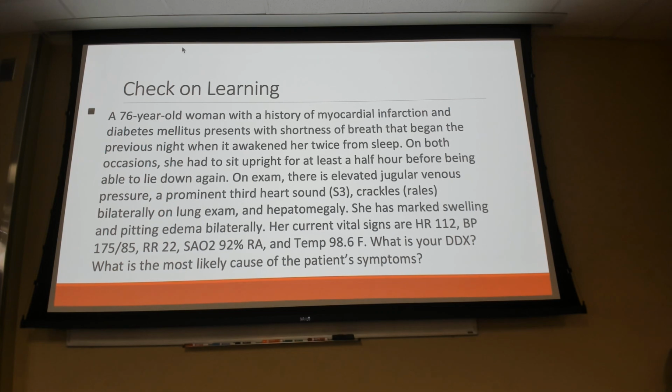Okay, what's the differential? Okay, CHF exacerbation. Okay, mass. What else? You gotta at least get 3. Even for clean core, you gotta get 3. She could be alcoholic cirrhosis for sure.